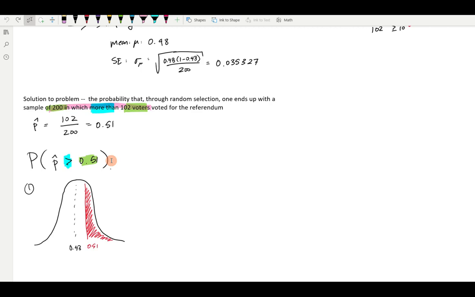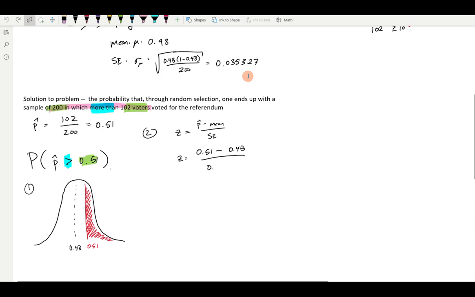To do this, the next step is to go to my z-score. Remember, z in general is your observation minus your mean, divided by your standard error. So in our case, my z-score is the 0.51 that I'm interested in, minus the mean of the sampling distribution, which is 0.48, divided by the standard error that I have computed.